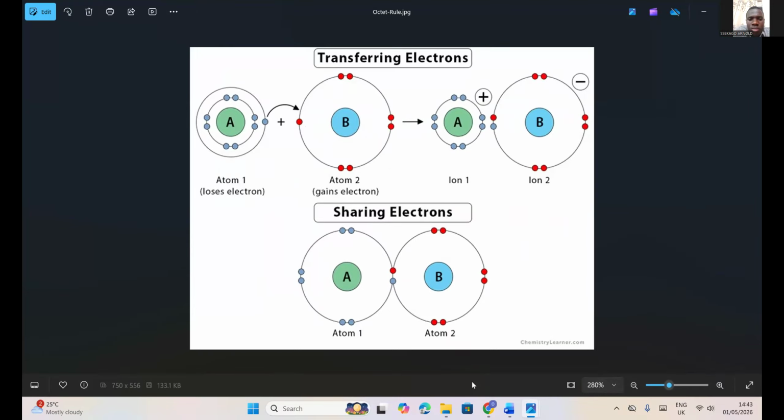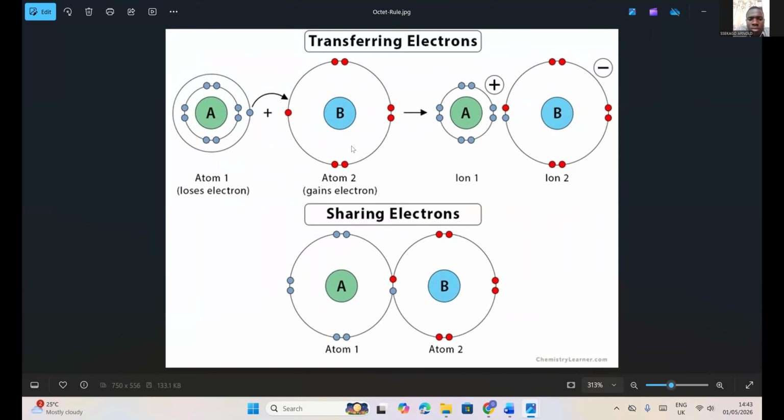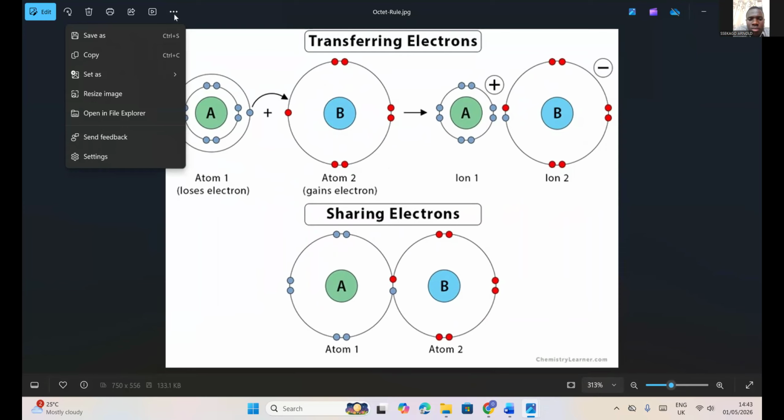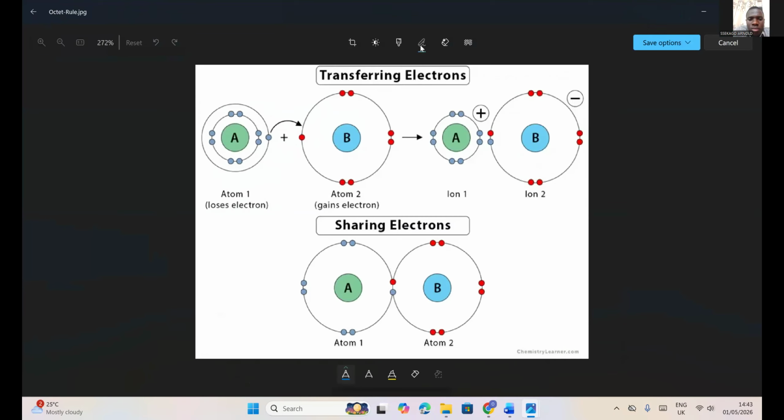So I'm saying that atoms participate in bonding to achieve the octet rule. How? The atom you are seeing here is sodium, and we saw this in the formation of ionic compounds.